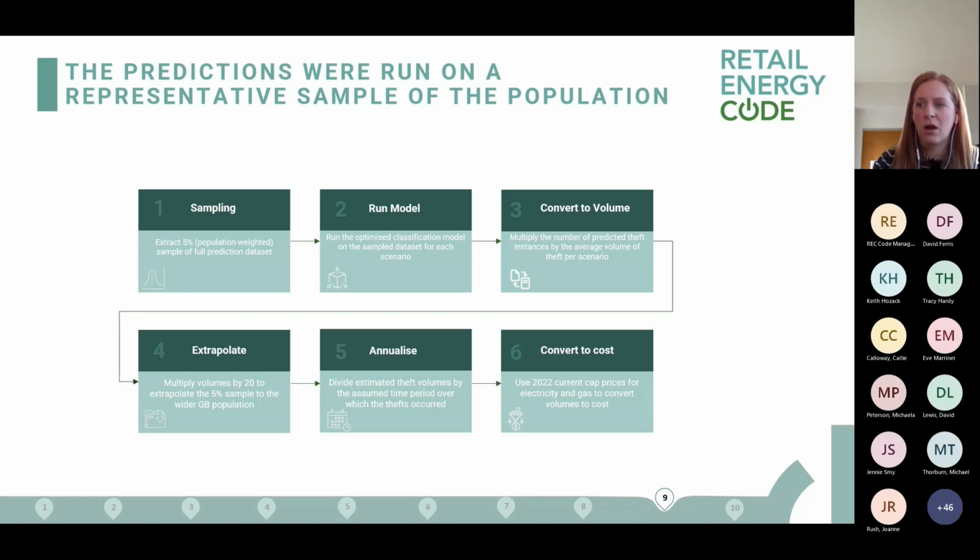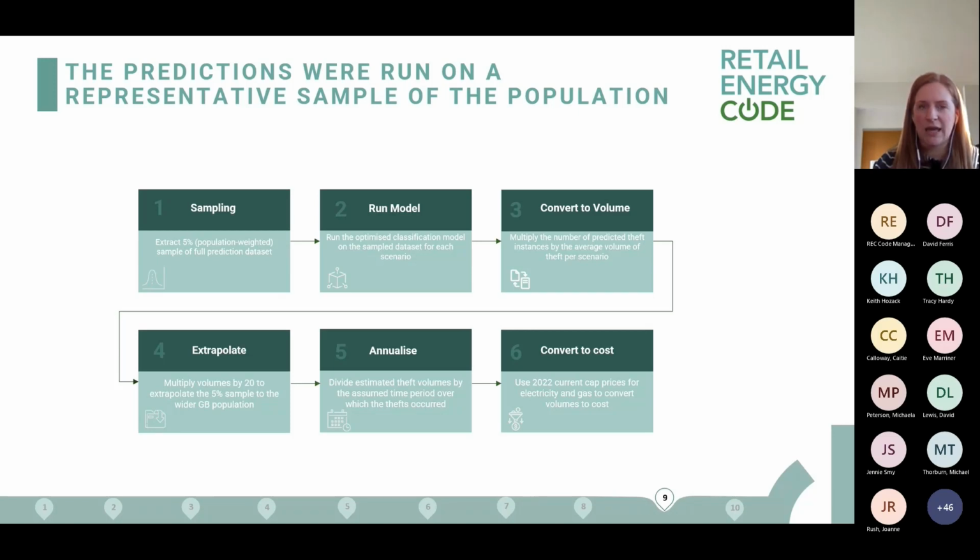That was a weighted sample to make sure it had full representation across the different regions. We applied the model to that 5%, then converted it to a volume using the averages, and extrapolated that up to the wider GB population.